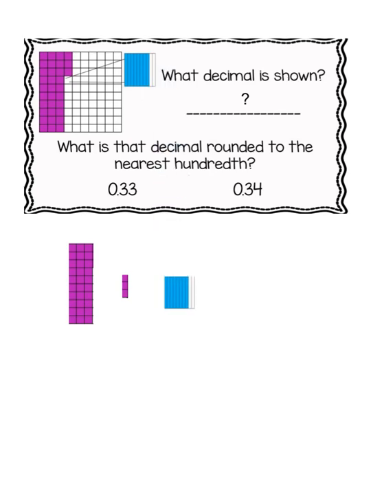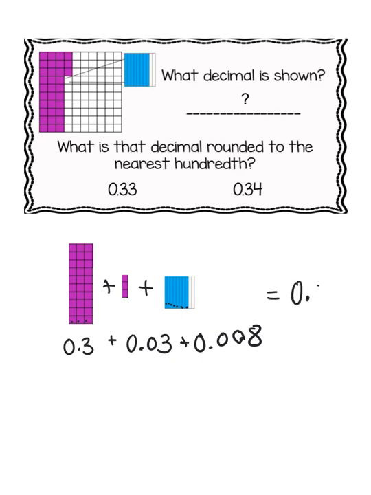So I can count 1, 2, 3 tenths plus 3 hundredths plus 1, 2, 3, 4, 5, 6, 7, 8 thousandths, for a total of 338 thousandths.